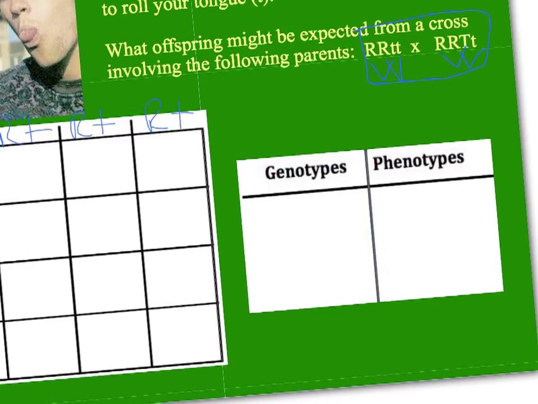Then I'm going to have, make sure I have it right, big R, big T, big R, little t. So big R, big T, big R, little t, going all the way across. Okay, and to fill that in, big R, big T, little t, and it looks like that's going to take all the way across the top.